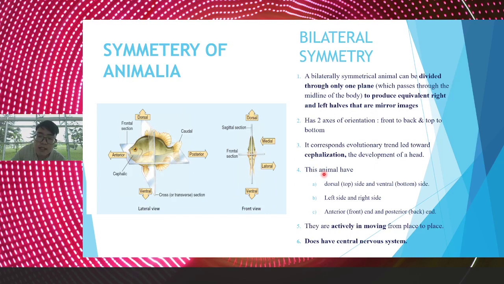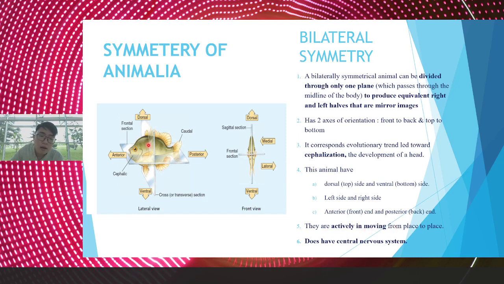So this animal will have a dorsal side and a ventral side. Dorsal is the top side, from the very top to the very bottom. And then they have a left side and right side, and also an anterior front end and a posterior back end. So this kind of animal has these characteristics. And they are active in moving from place to place.